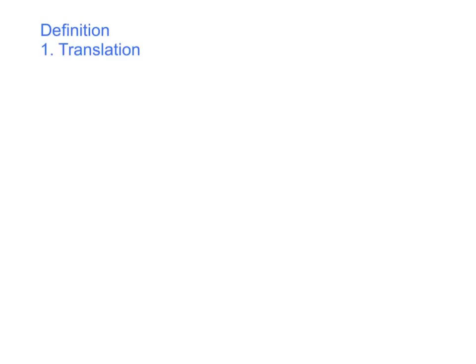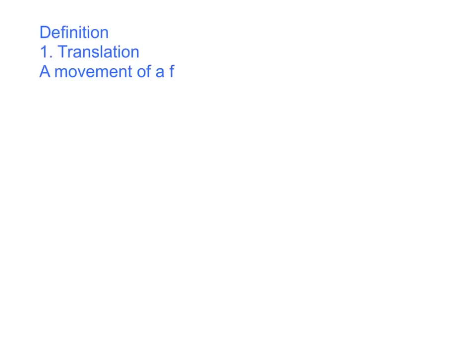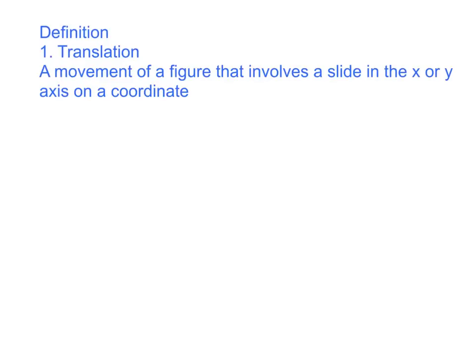The first one is translation, and this is going to be a movement of a direction or of a figure that involves a slide in the X or Y axis on a coordinate plane.